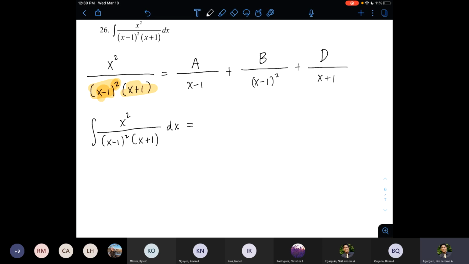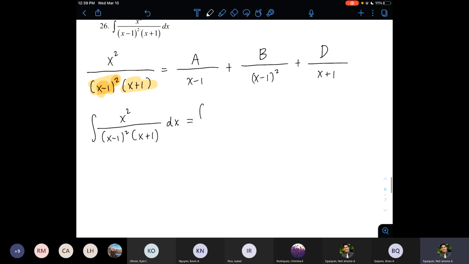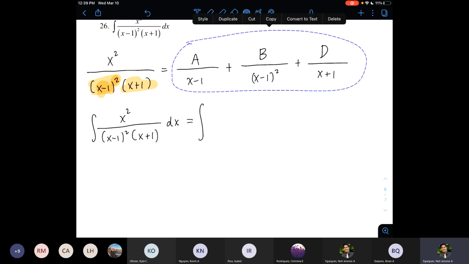Actually, I prefer doing it here whenever possible, because I usually give more partial credit for the calculus stuff rather than the algebraic stuff. So it would be good to finish all the calculus steps, then worry about the algebraic solution to a, b, and d later, okay? Now with this partial fraction decomposition, I know that the original integral can be written this way.